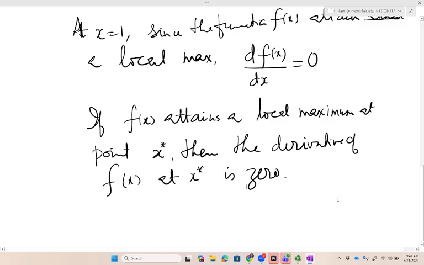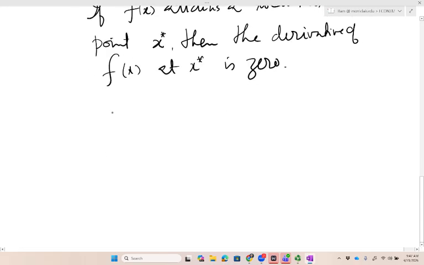I wrote it in words, I can write the mathematical expression: at x star, the derivative of the function is 0.